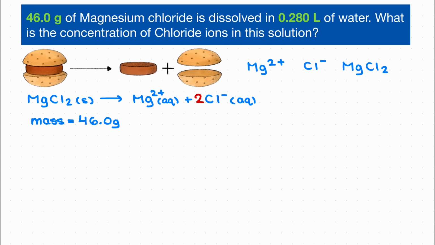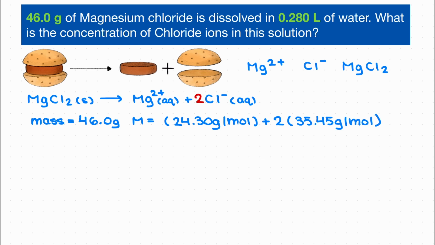To find the moles, we need to have the molar mass represented by big M, which will be equal to the molar mass of magnesium, which you can get off the periodic table to be 24.30 grams per mole, and the molar mass of 2 chlorine, so we have to put a 2 in front of it, which each one has a molar mass of 35.45 grams per mole.